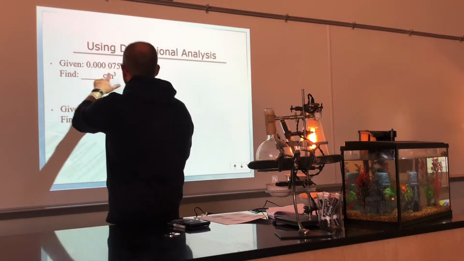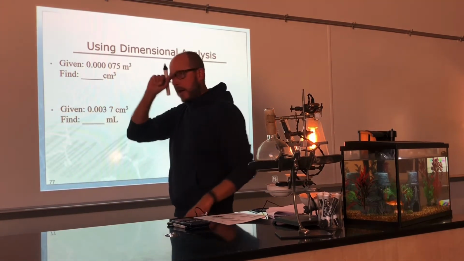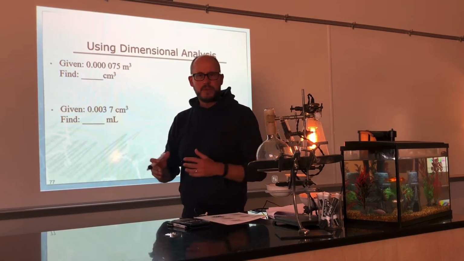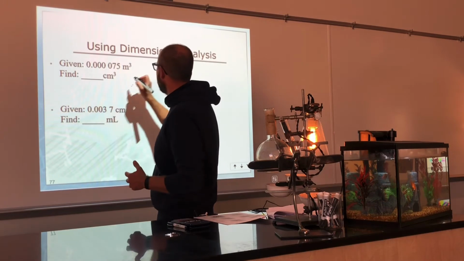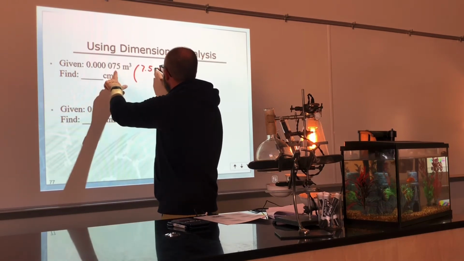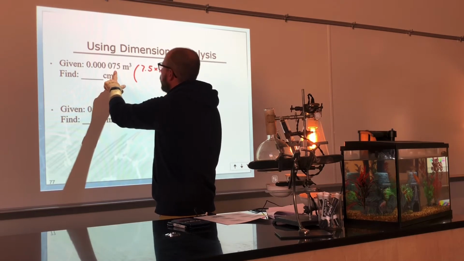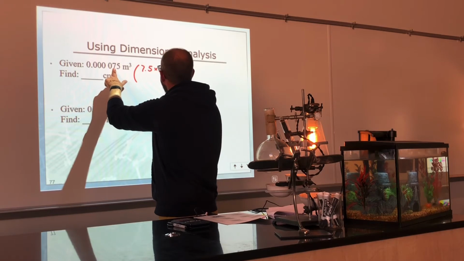In this one, I have cubic meters and cubic centimeters. I'm going to use the metric prefix chart that I gave you in my conversion, but I am going to start out with switching this to scientific notation and getting 7.1 times 10 to the minus 5 cubic meters.